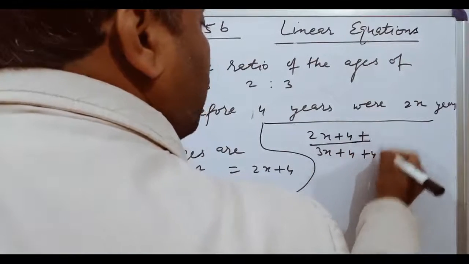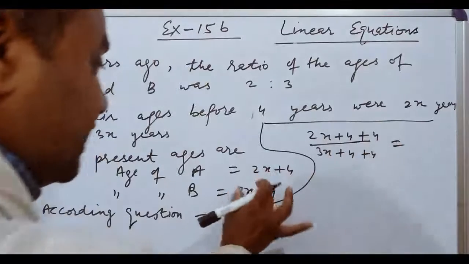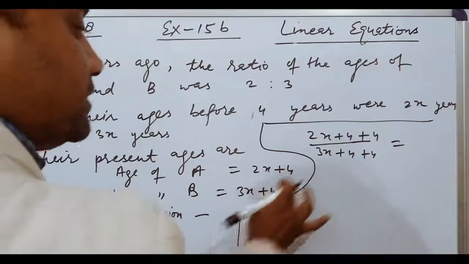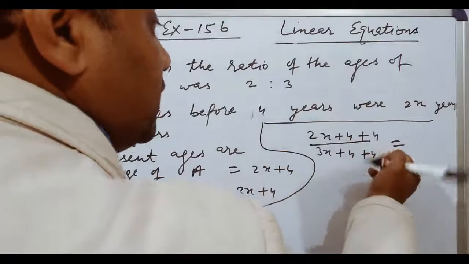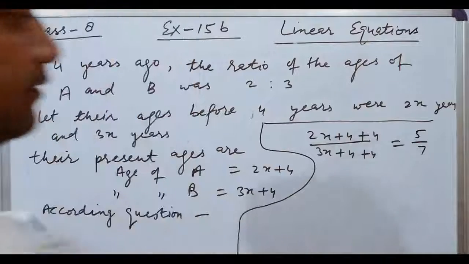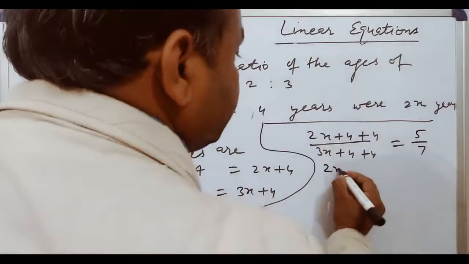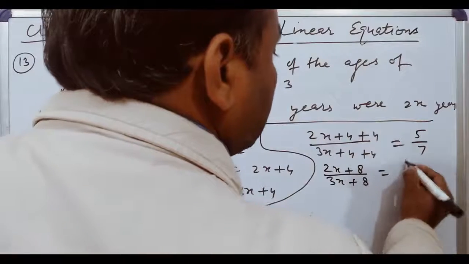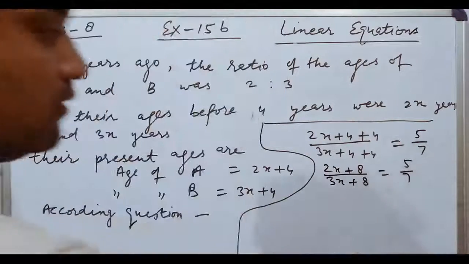Again you add 4. Why? Because this is present age. And now after 4 years, the ratio of their ages is equal to 5:7. Now 2x plus 8 upon 3x plus 8 equal to 5 upon 7.